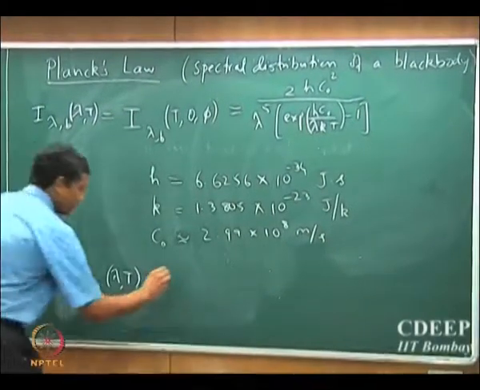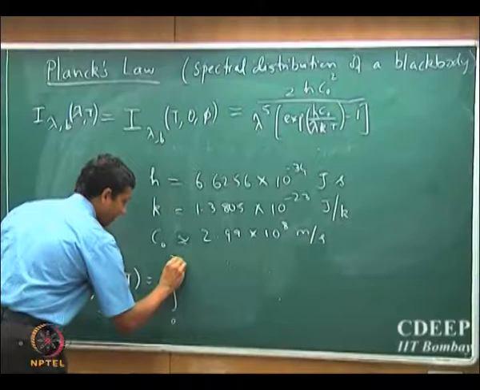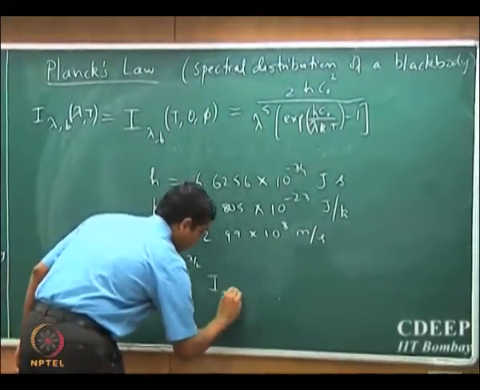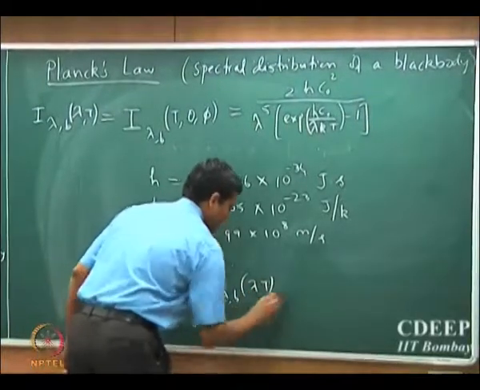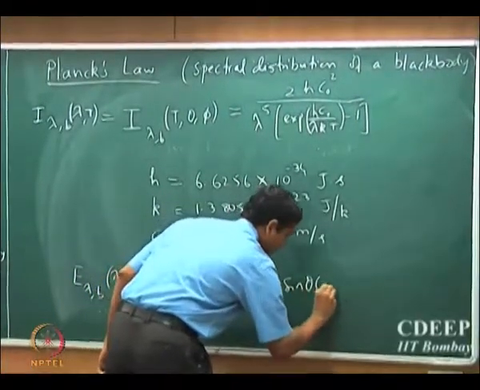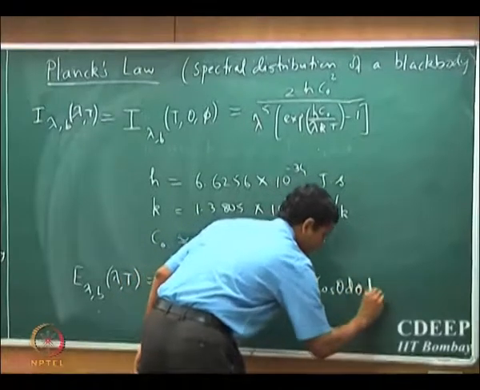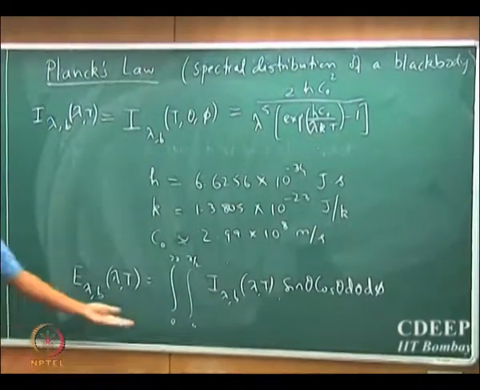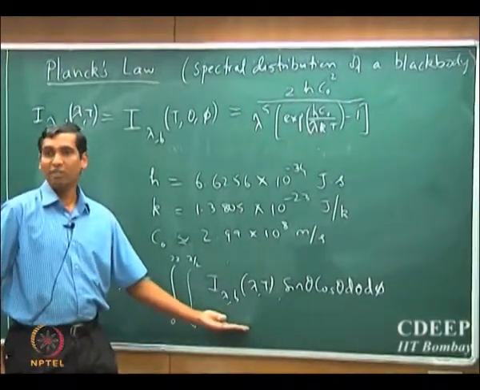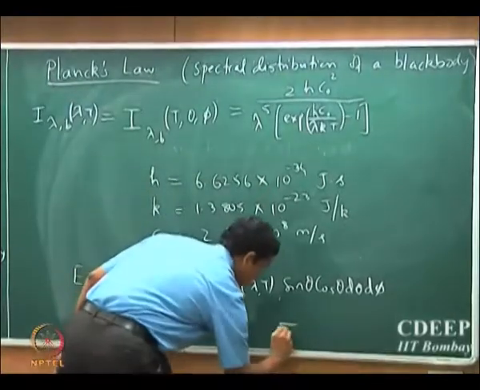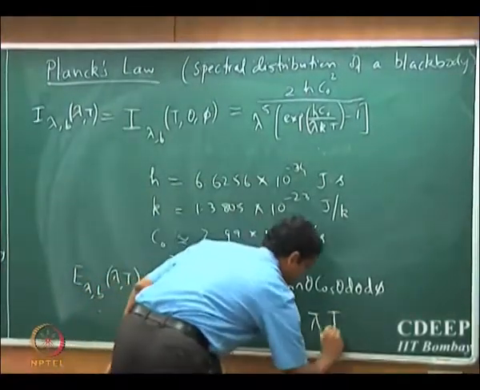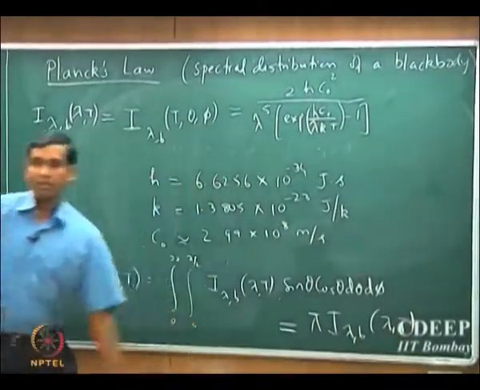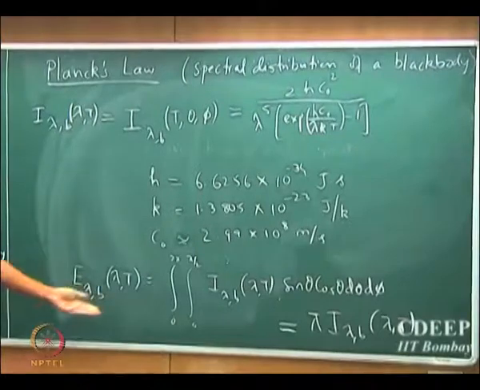That will be integral 0 to 2 pi, integral 0 to pi by 2 of I lambda comma b sin theta cos theta d theta d phi. But we said that it is a diffuse emitter, right? Which means that the intensity is not a function of the angular position. So we can integrate, and this will be pi into I lambda comma b.